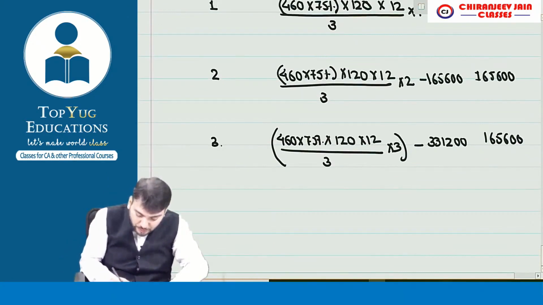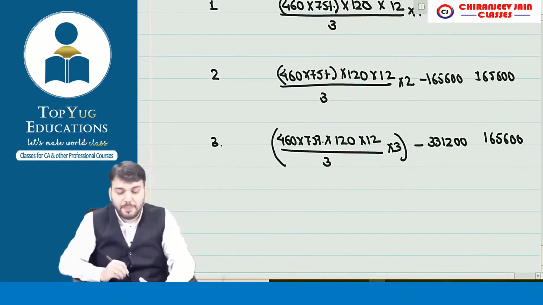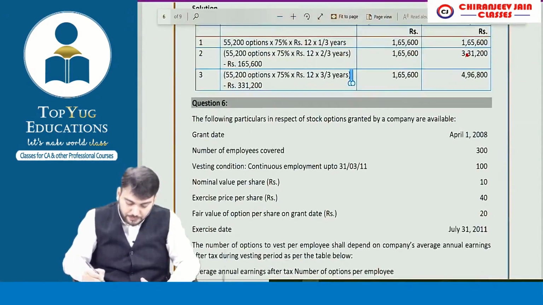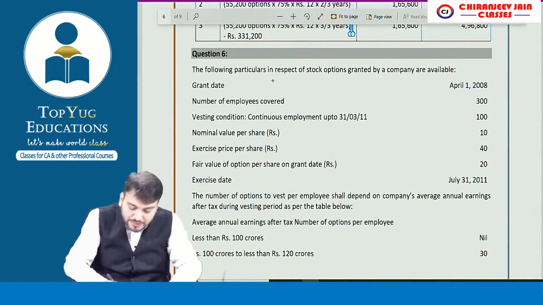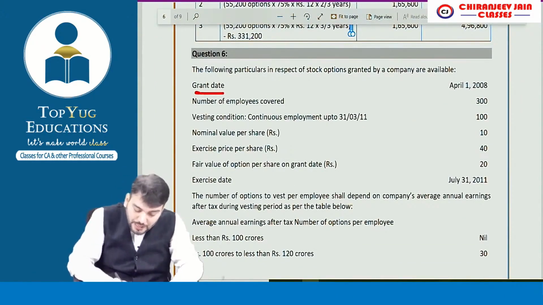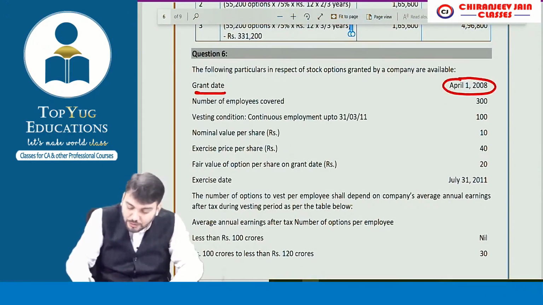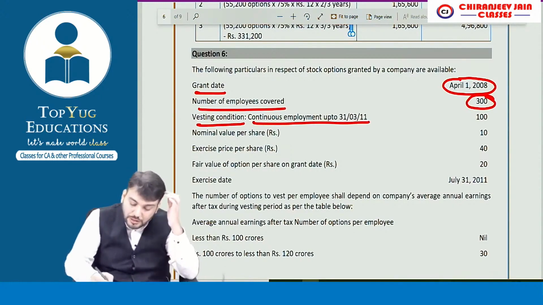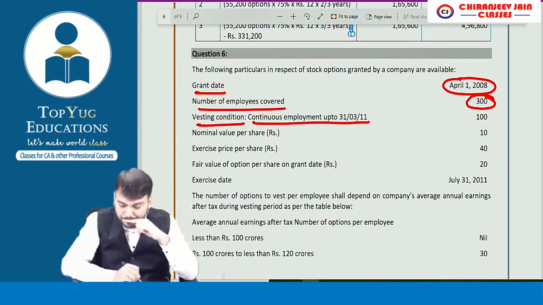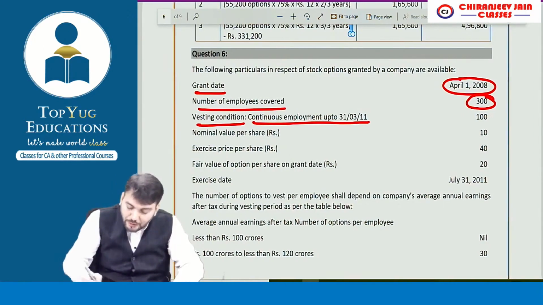Question number 6. Come to question number 6. The following particulars in respect of stock option granted by a company are available. Grant date 1 April 2008. Number of employees covered 300. Vesting condition: continuous employment up to 31st March 2011.